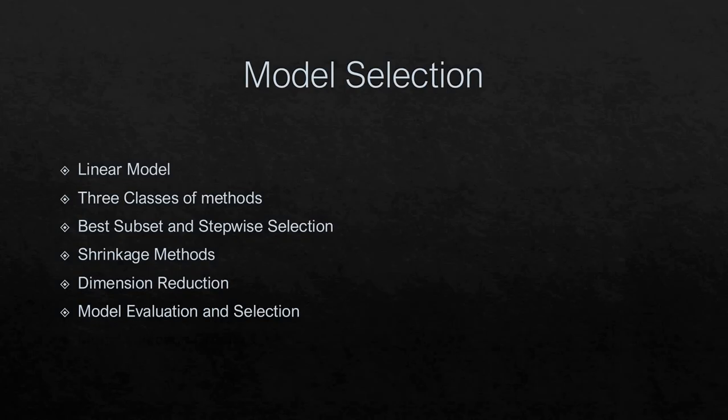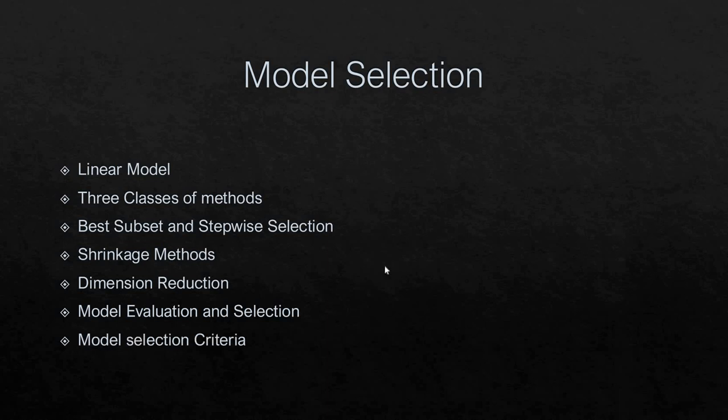This distinction is critical because a model with low training error might be overfitting. We also looked at cross-validation, which is highlighted as an effective method for estimating test error, ensuring a balance between model complexity and prediction accuracy.